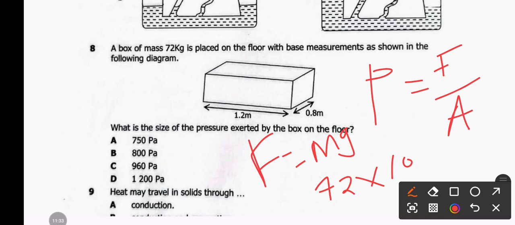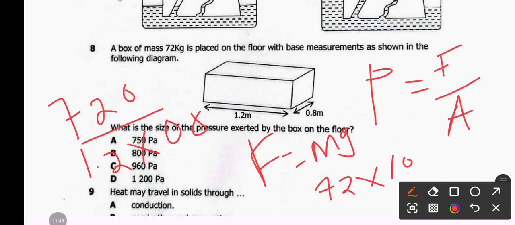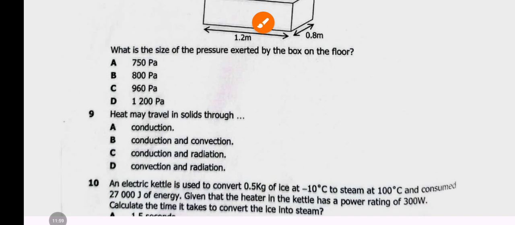So for force here, we'll substitute 720, right? And the area is given by L times P, which is 1.2 times 0.8. So if we do our calculations there, we find that the value is actually 750 pascals, which is corresponding to option A.